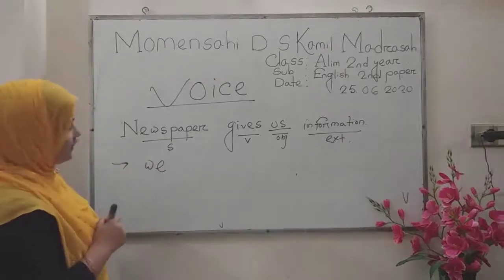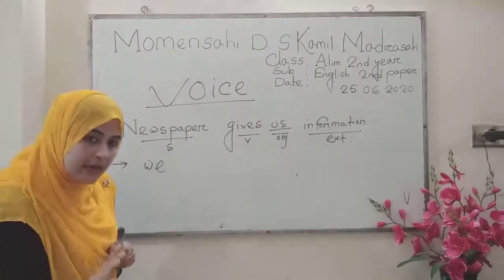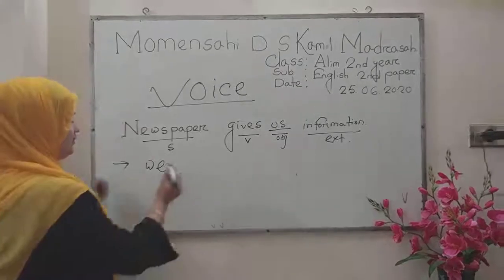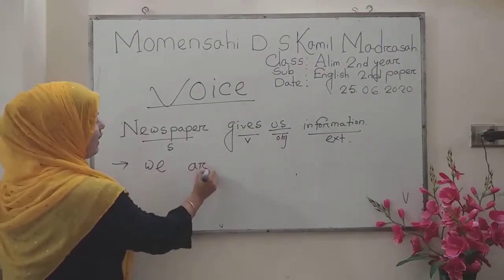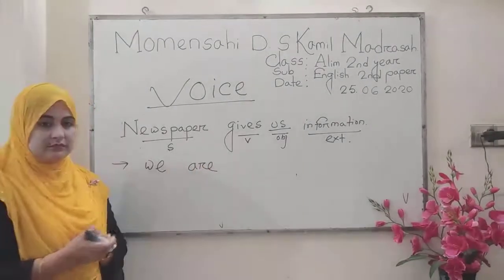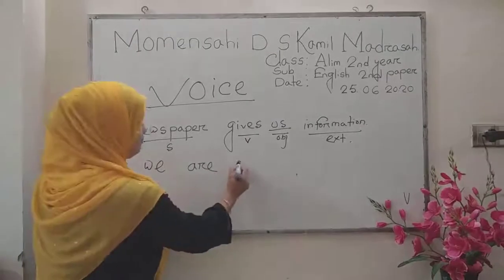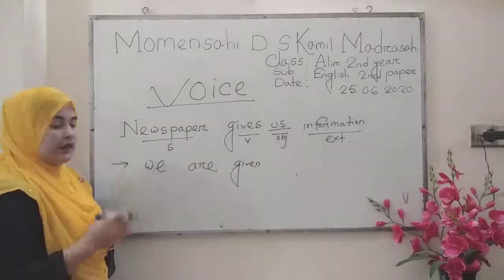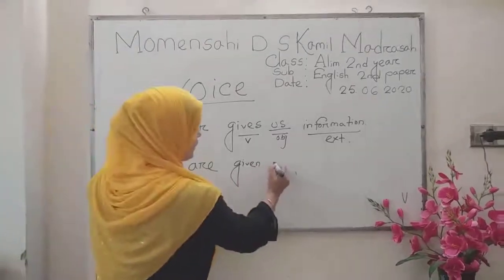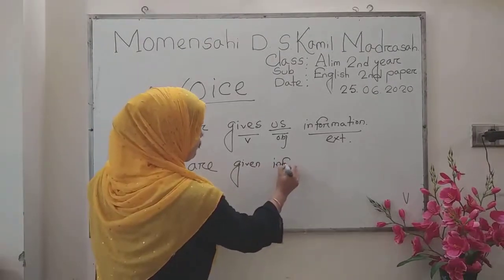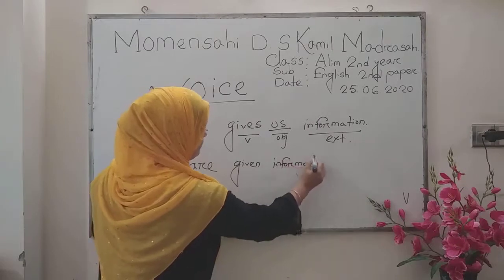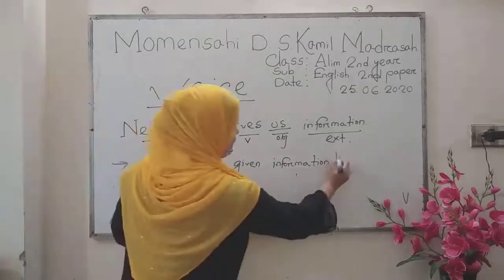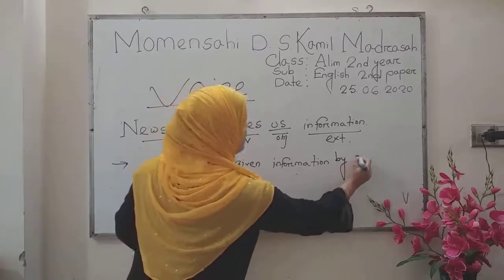Now look. Again you need to write the auxiliary, that is are. Again the verb's past participle, that is given. Again the extension, that is information. And then the preposition by newspaper.